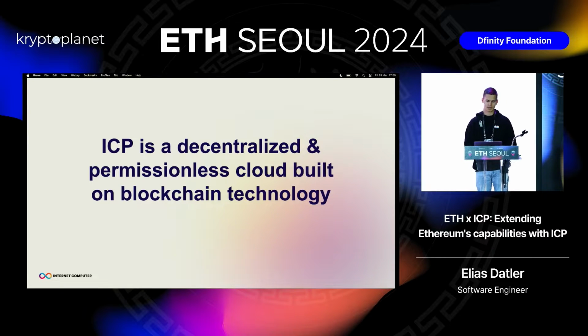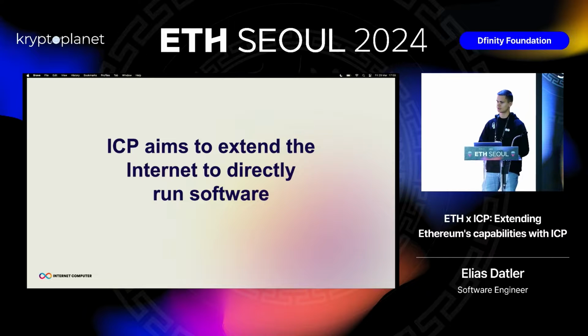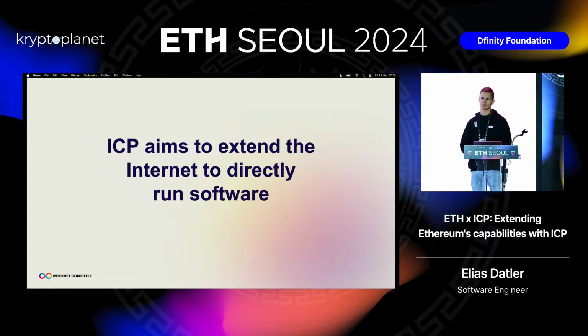Another way to look at it is that ICP aims to extend the internet, and it does that by giving the internet the capability to directly run software. Usually you have to go to some centralized cloud provider and they will run your software, but there's no way to directly build on the internet, right? Because the internet is only there to connect you with other servers, and it can't run software directly.